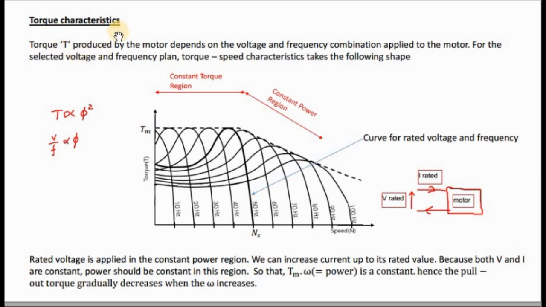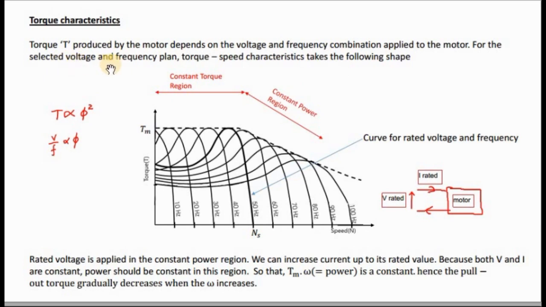Torque characteristics. Torque produced by the motor depends on the voltage and frequency combination applied to the motor. Now we know that torque is proportional to psi squared, and psi is proportional to V by F, so we can conclude that torque is proportional to V squared by F squared.